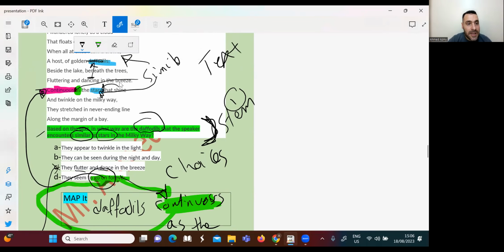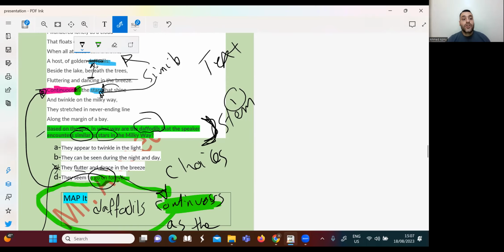The daffodils, beside the lake, beneath the trees, fluttering and dancing in the breeze. Continuous is as the stars. Who is continuous as the stars?